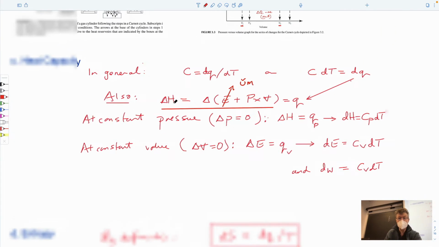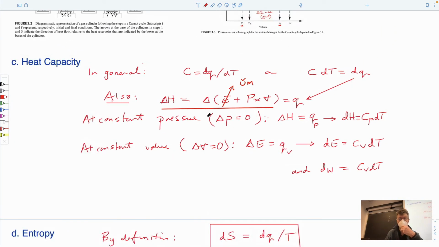And so as a consequence of that, at constant pressure or at constant volume, we end up being able to relate the enthalpy to a change in heat content in the system, because there's no other components that contribute to enthalpy in our system, not pressure and not volume, because we're holding both of them constant.